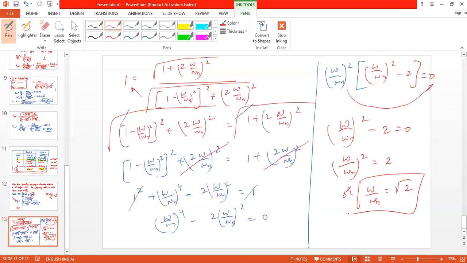Is it clear? Yes, sir. You can say if the frequency ratio is equal to √2, then there will be a 100% transmission of force to the ground.